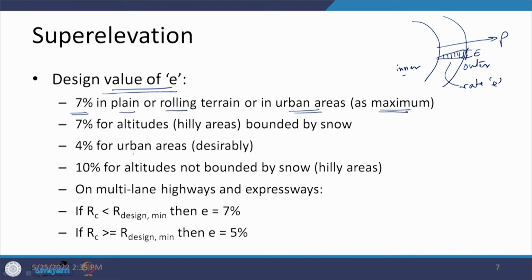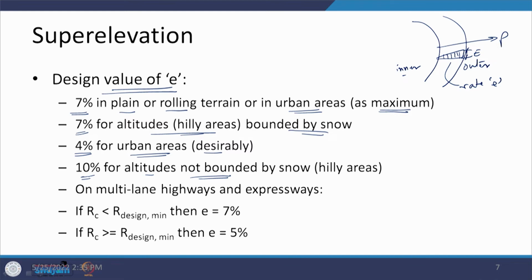So, when I talk about the urban area, desirably it is 4%, but at a maximum level it can go up to 7%, subject to the requirement based on the local conditions. Now, when we talk about altitudes, hilly areas which are bounded by snow, then it is 7%, but if it is not bounded by snow, again at an altitude, then it is 10%.